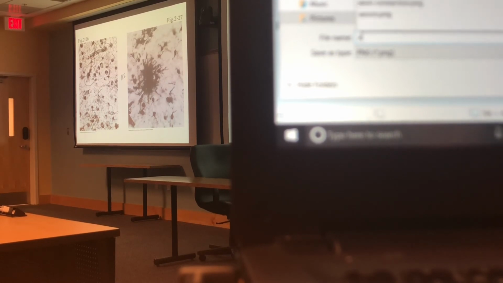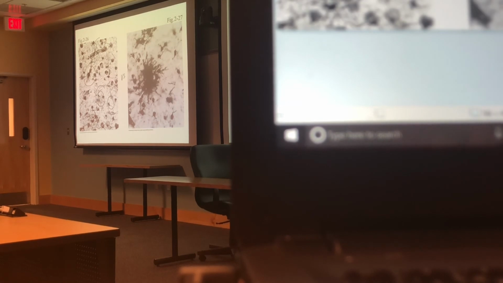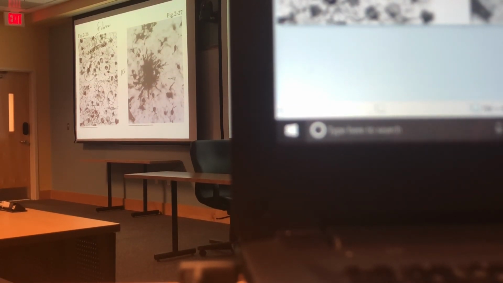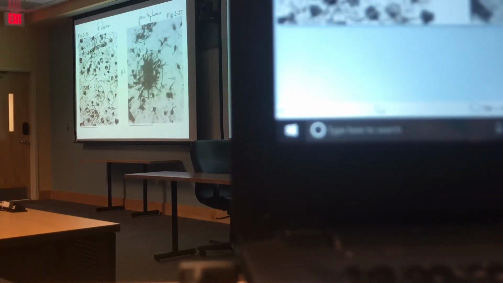See right here, guys? These are the fibrous astrocytes, and these are the thicker looking protoplasmic astrocytes. Okay, that looks good, folks, and now that officially ends my discussion.